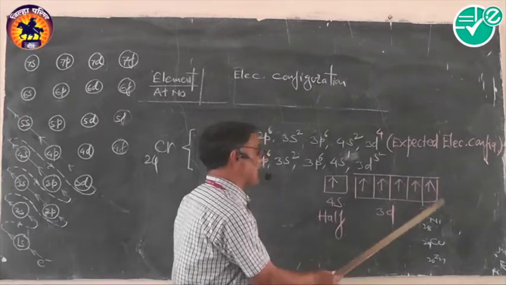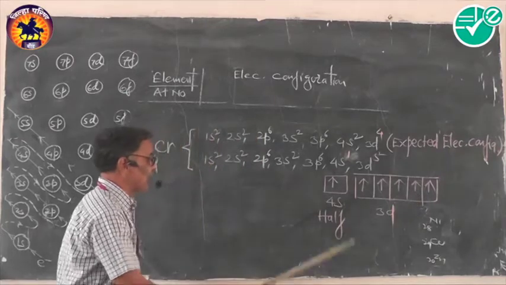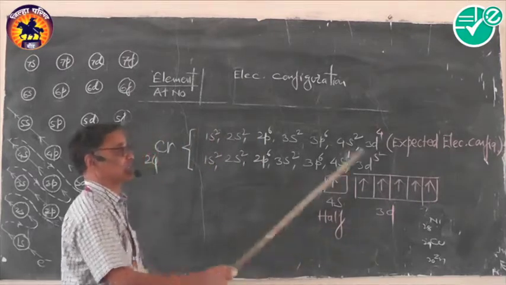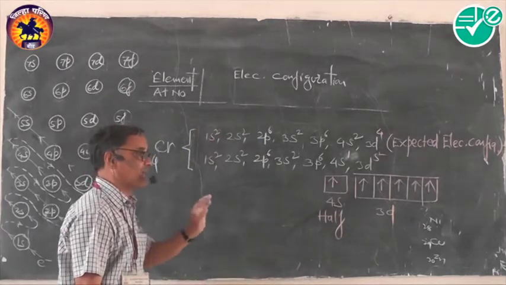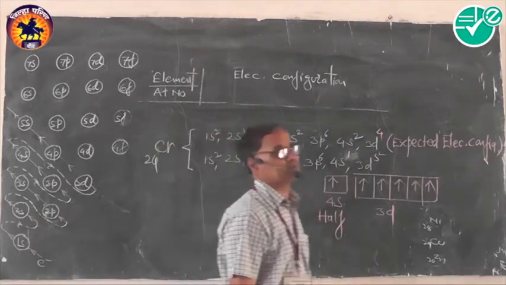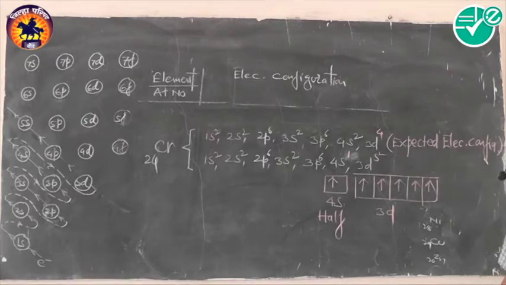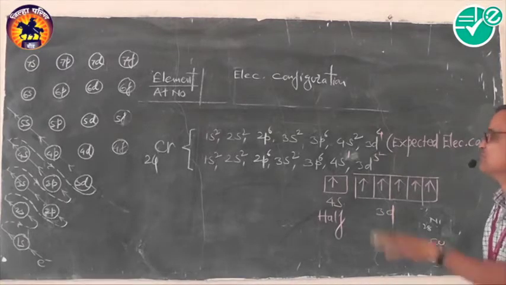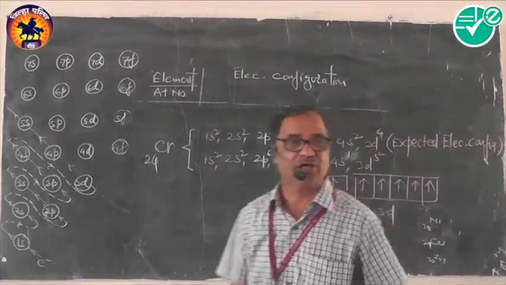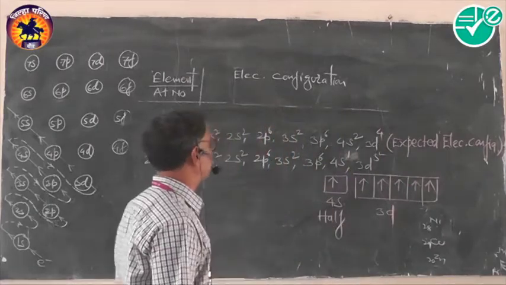Whenever the last subshell is half filled, the last but one also becomes half filled. So whenever the last and last but one subshells are half filled, that particular electronic configuration gives maximum stability to the respective element or nucleus.